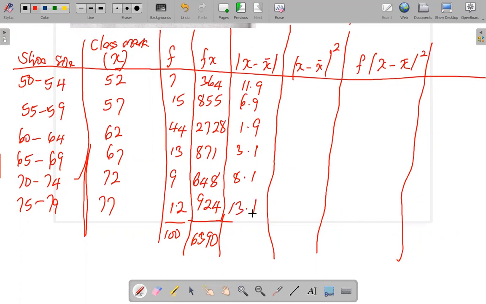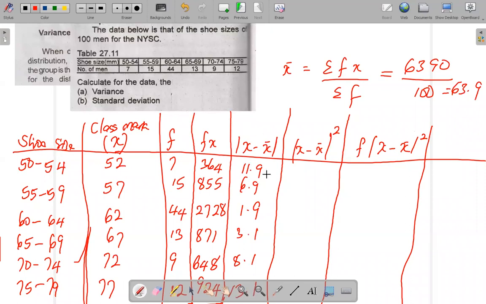And the square of each of these: 11.9 squared is 141.61. 6.9 squared is 47.61.